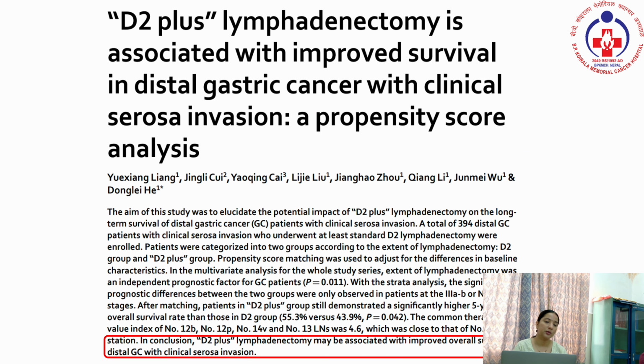And also this is one article which shows that if there is serosal involvement in distal gastric carcinoma, then it is also an indication for the removal of the 14V lymph node during the procedure.